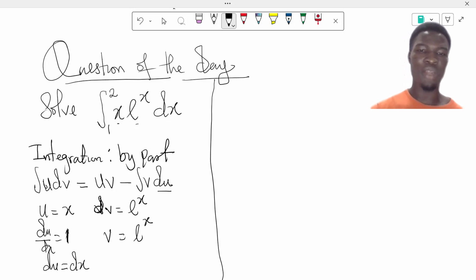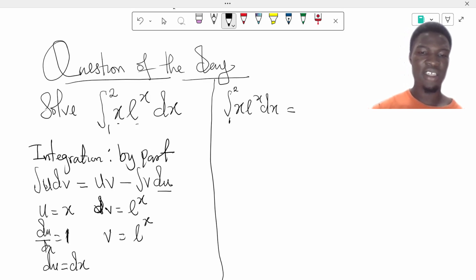Using that formula, I would have the integral, don't forget the limits, from 1 to 2 of x exponential x dx equal to uv.